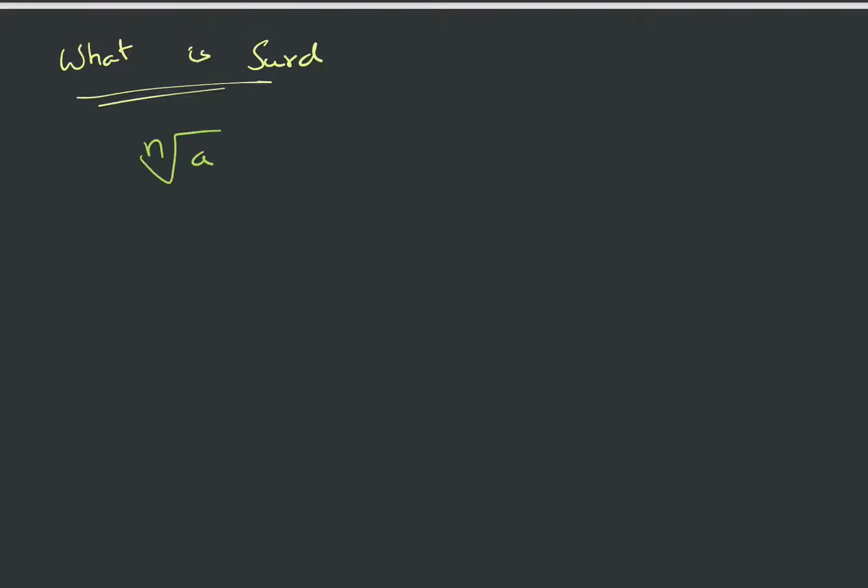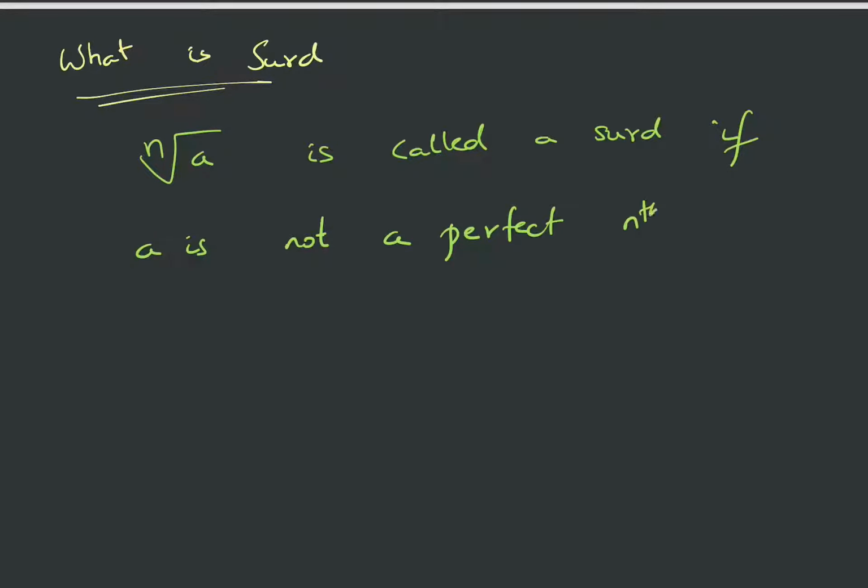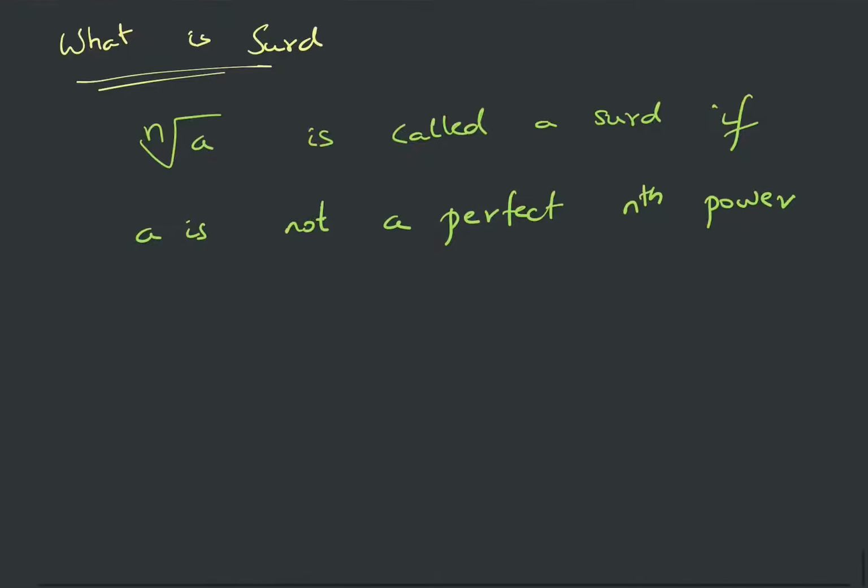So nth root of a is called a surd or a surd expression if a is not a perfect nth power. So if a is not a perfect nth power, then you can call nth root of a a surd.